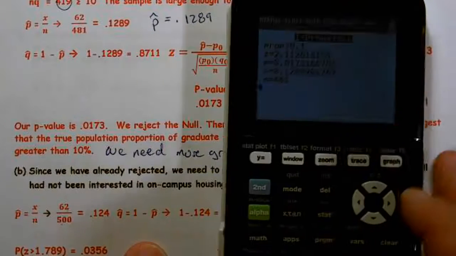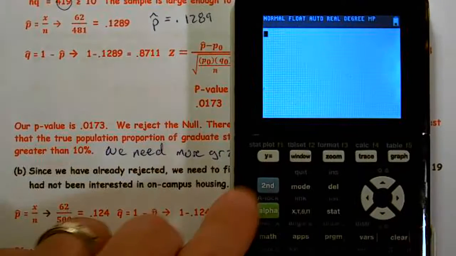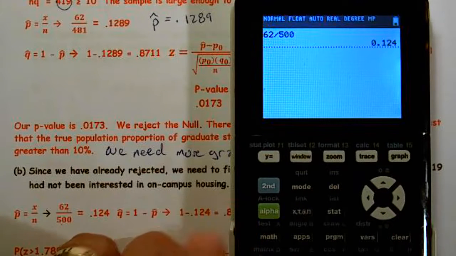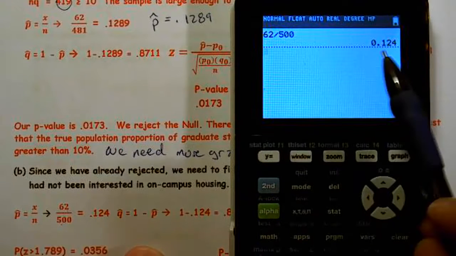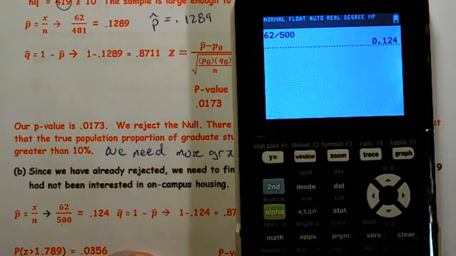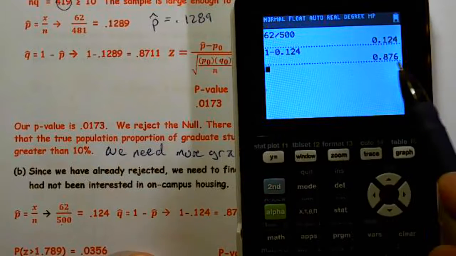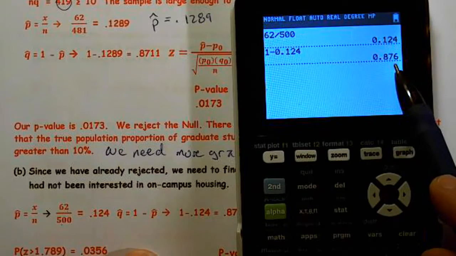So when we do that, we have 62 divided by 500, which is 0.124. And 1 minus that will give me Q hat, which is 0.876.